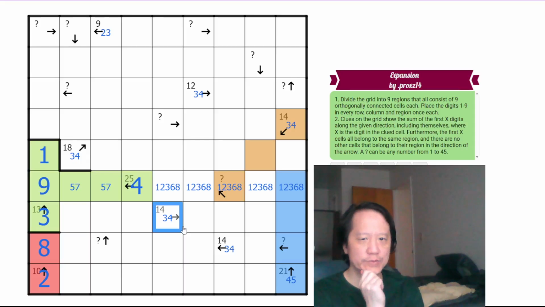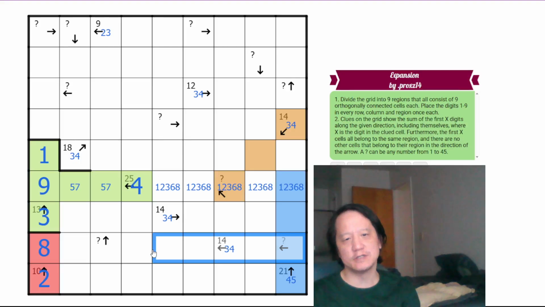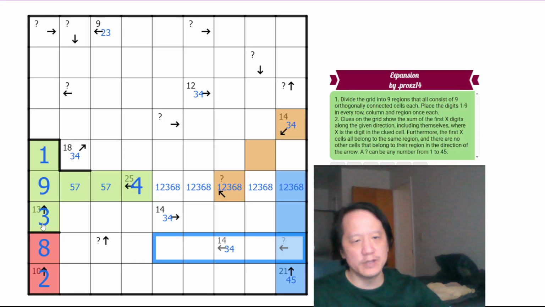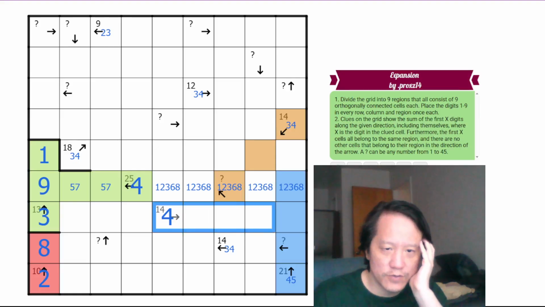What else do we have? Obviously, this could be part of that section there. We don't have very many restrictions there. 3 eliminates 3 here, so this is a 4. So all 4 of these are the same region, and then we have a boundary.